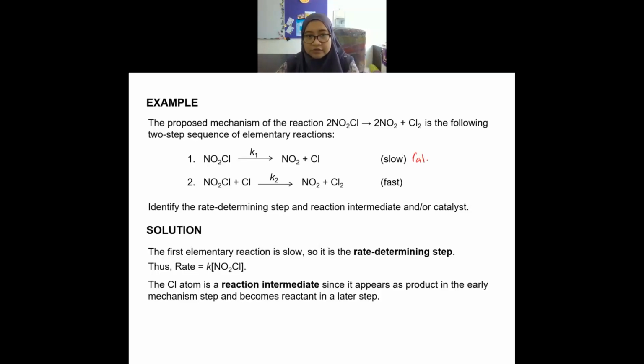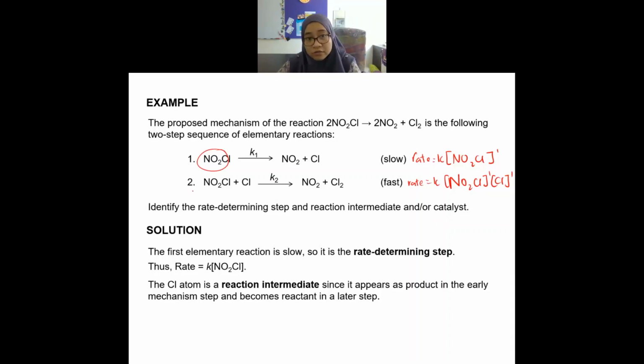You can write it as rate is equal to k[NO2Cl]^1, because we only have one reactant there. As for reaction number 2, we have the rate law as rate = k[NO2Cl][Cl], the order is also 1.